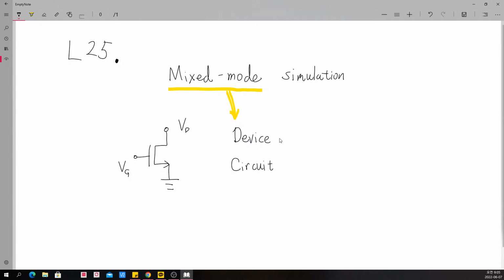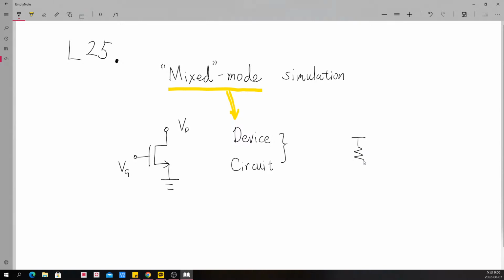So these two capabilities are merged into one simulation. This is just a mixed one, not entirely for device, not entirely for circuit, but a mixture of device and circuit.